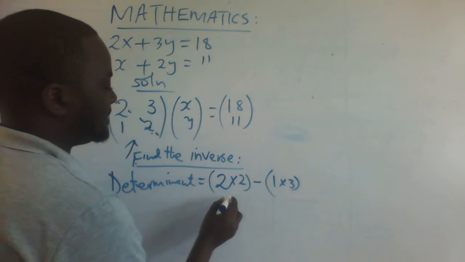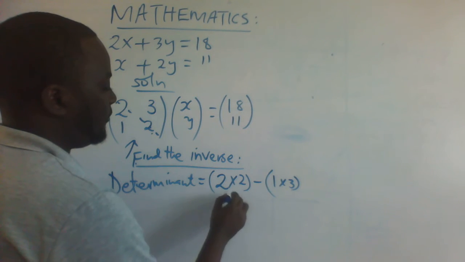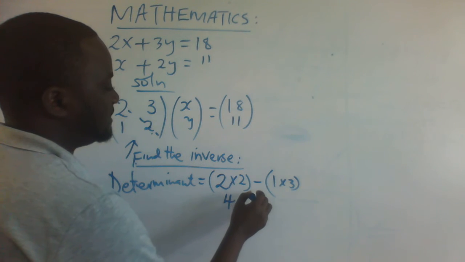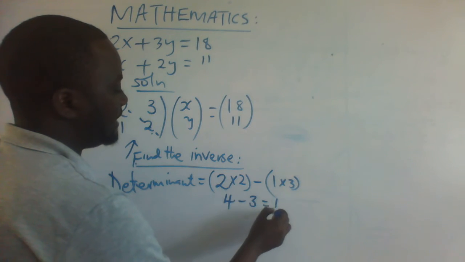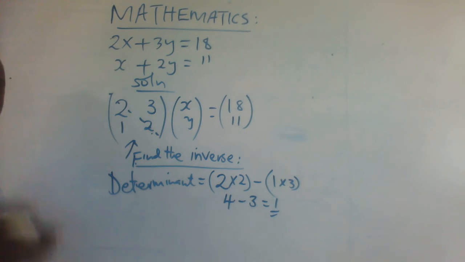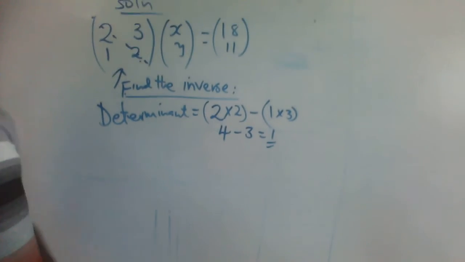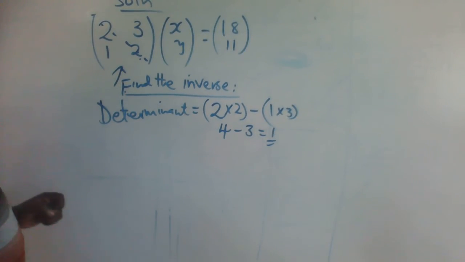And this will give us 4 minus 3, which is 1. That is the determinant. After getting the determinant, we proceed and find the inverse.